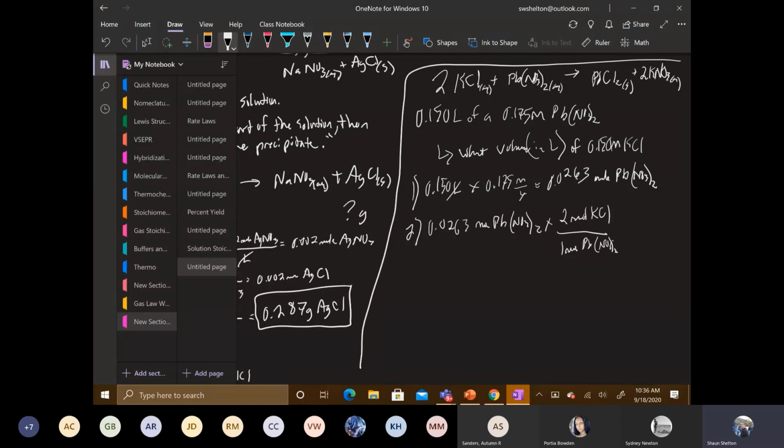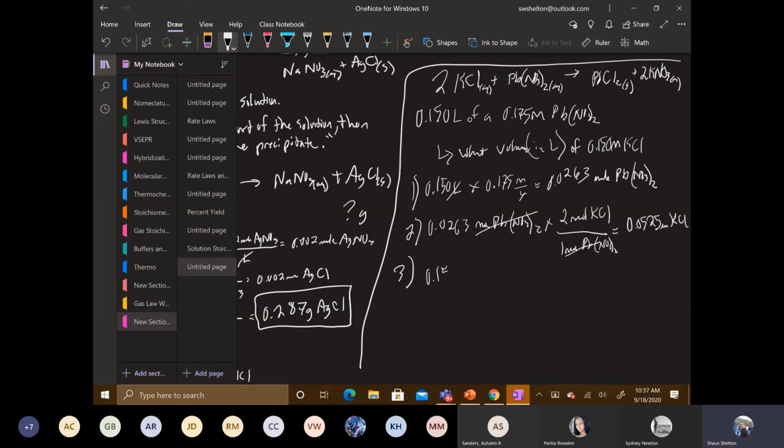Remember, we're using the mole ratio here because you want your lead to go away. Multiplying that by 2 gives me 0.0525 moles of KCl.